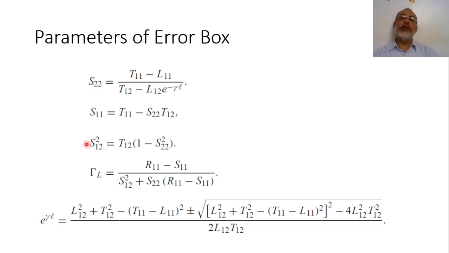By obtaining the ABCD parameters of the device under test, we can obtain the original S parameters of the device under test by extracting the errors due to the directional couplers inside the vector network analyzer. This is briefly how to calibrate the vector network analyzer by using through, reflect, and line.